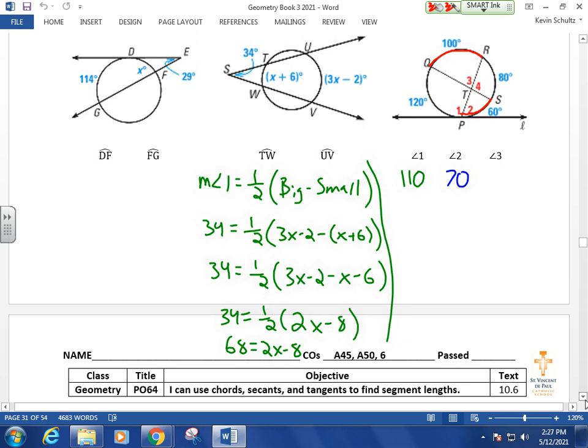And so the measure of angle 3 is going to be half the sum of those two arcs. 100 plus 60. Half of 160 is 80. And so angle 3 equals 80 degrees. Okay?